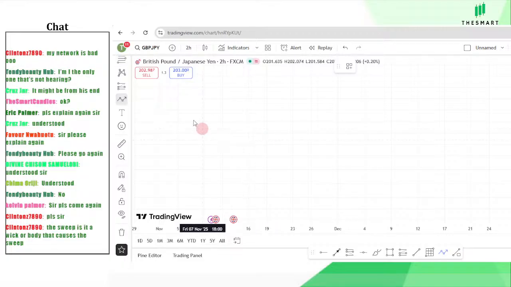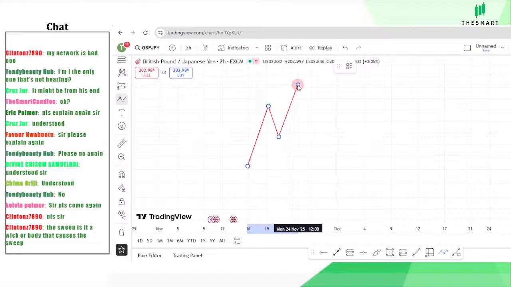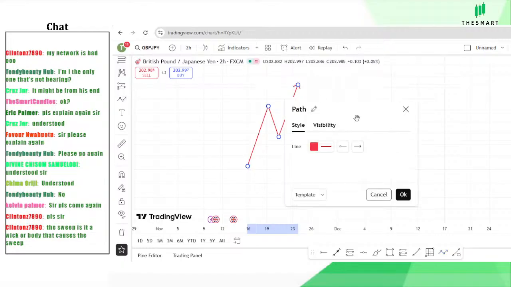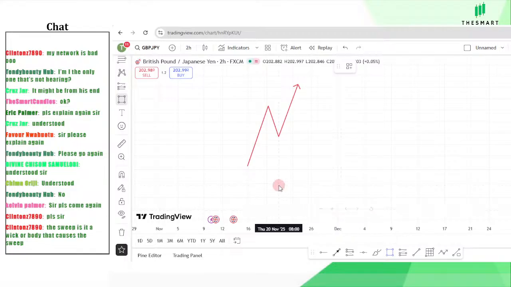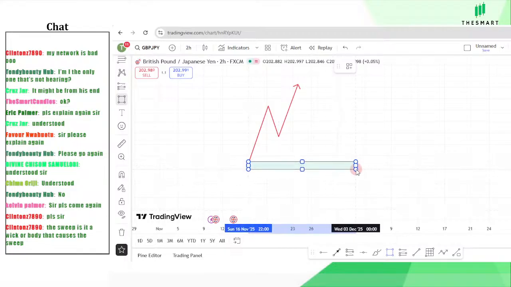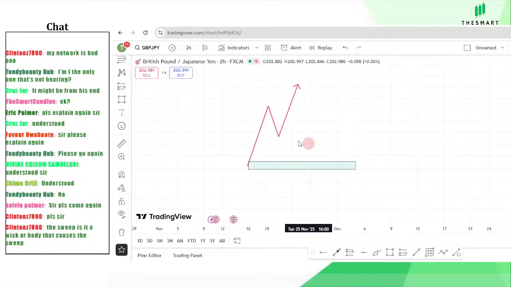Now, you have this, and you have this here. You were expecting, let's put this box here. So you were expecting this level for price to hold this particular level. You have this inducement sitting here at this level.